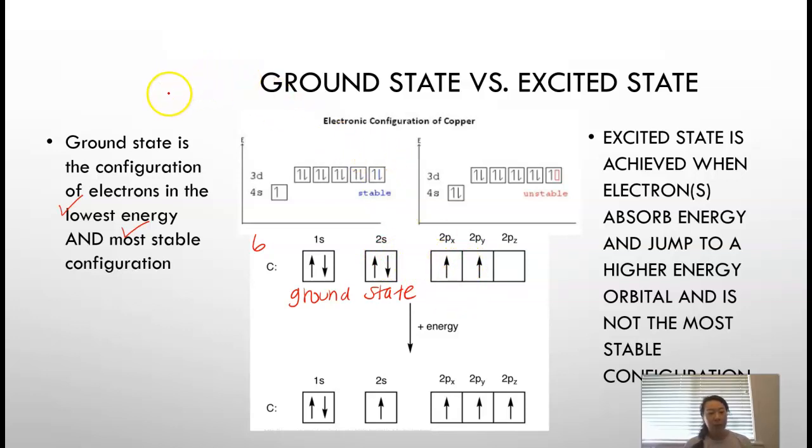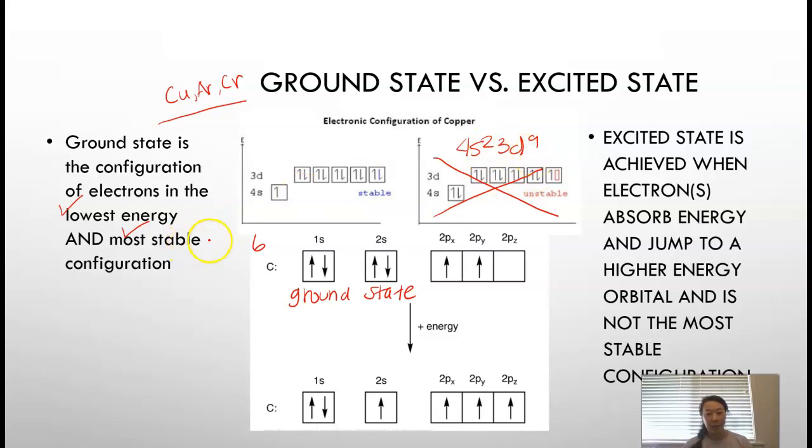There are three exceptions, and that's why I mentioned copper in the other one. These three will do something unique. I talked about how it's going to promote an s electron to the d orbital to make it stable. So this is not the ground state for copper, because this configuration, 4s2 3d9, is unstable.